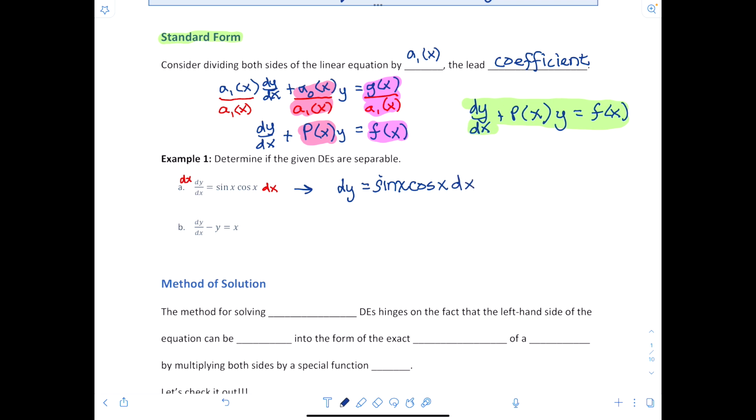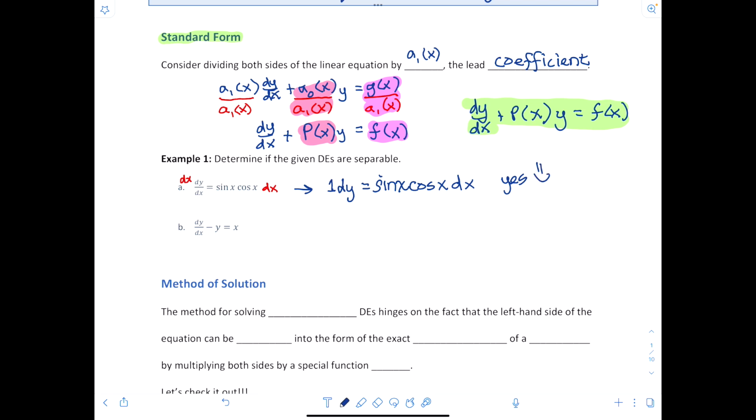And yes, they're totally separable because the factors of the dx term are functions of x, and the factor of the dy term would just be a 1, which we can integrate with respect to y. So yes, this one is separable.